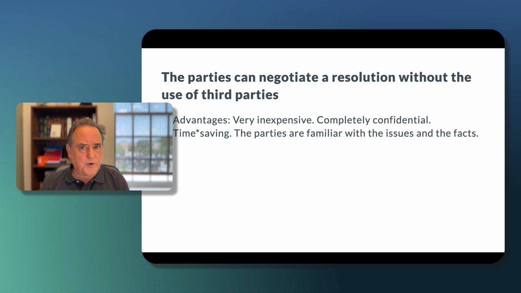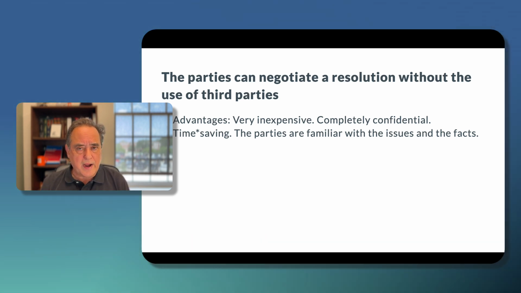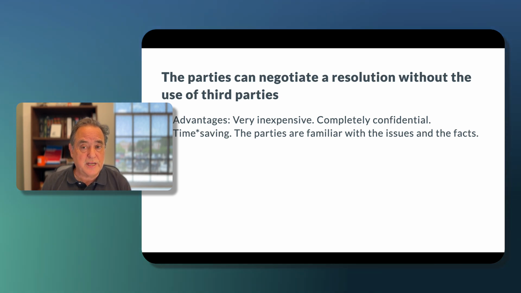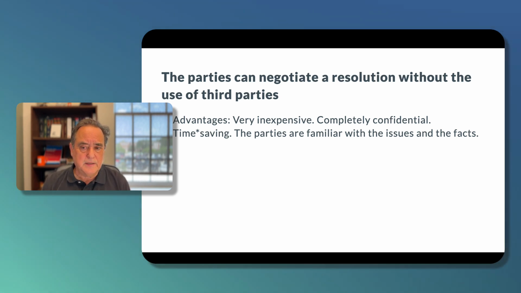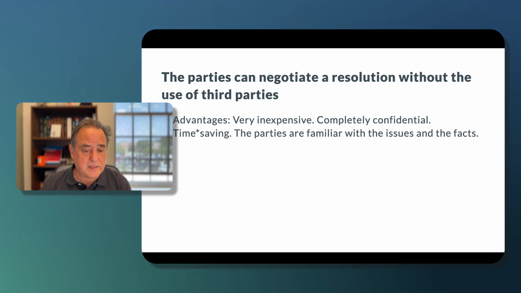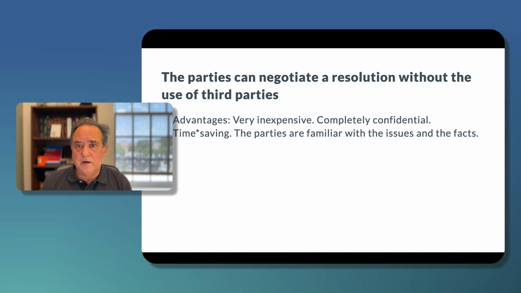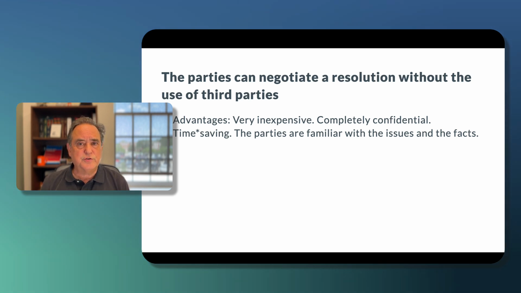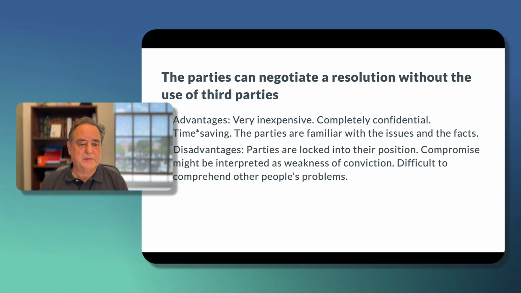The only parties that are aware of this negotiation are the parties themselves. It is time-saving. Negotiation can resolve a dispute relatively quickly. Furthermore, in a negotiation, the parties are already familiar with the issues and the facts. There's no need for education as we see with a jury.